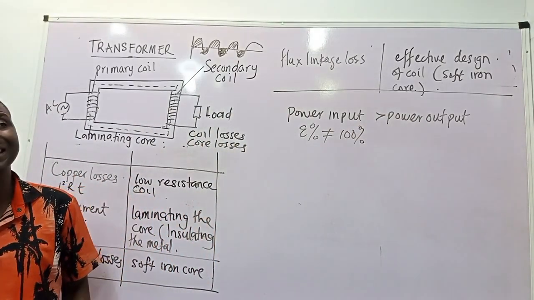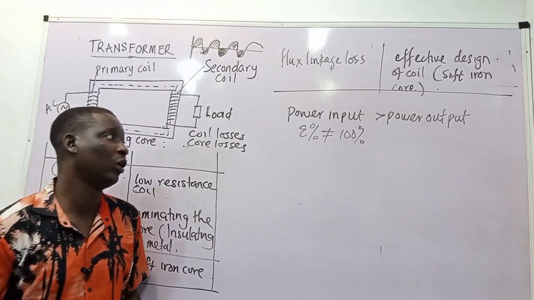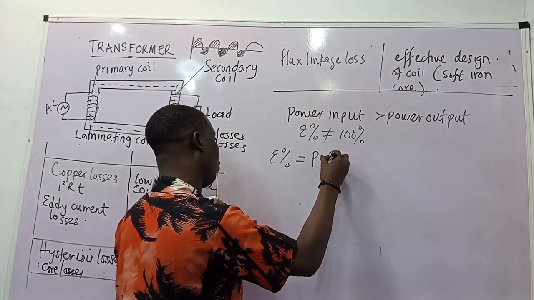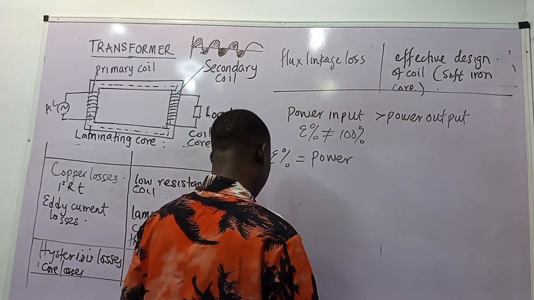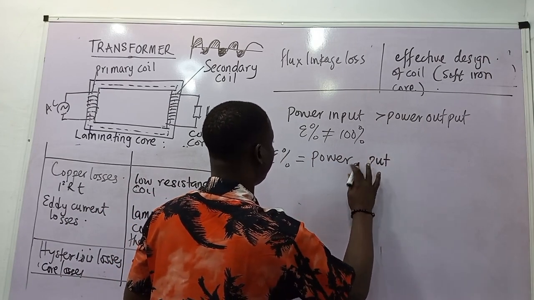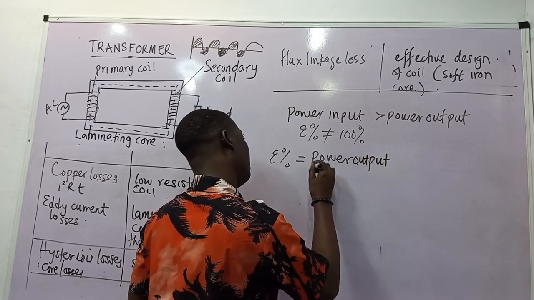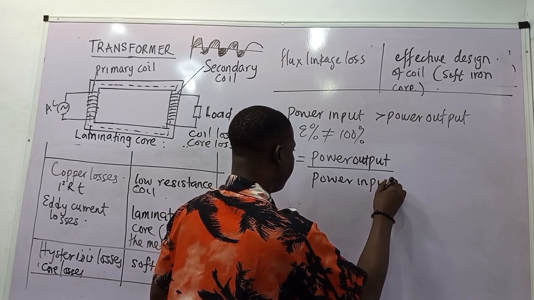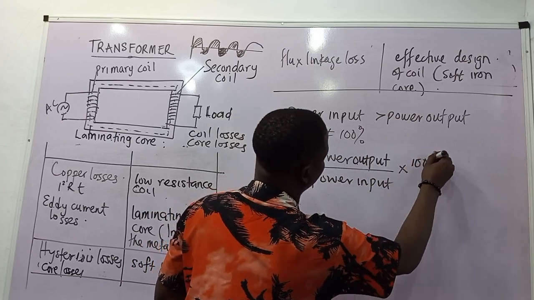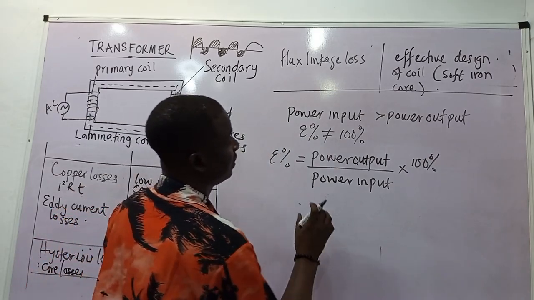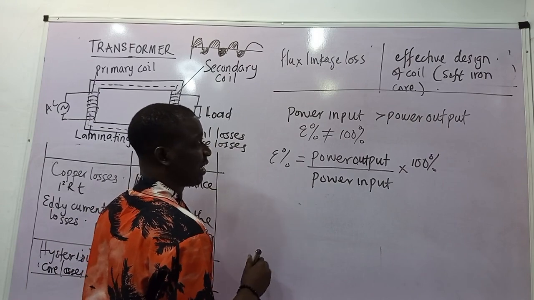Now since efficiency is not 100%, what is the formula for the efficiency of the transformer? It is power output over power input, times 100%.